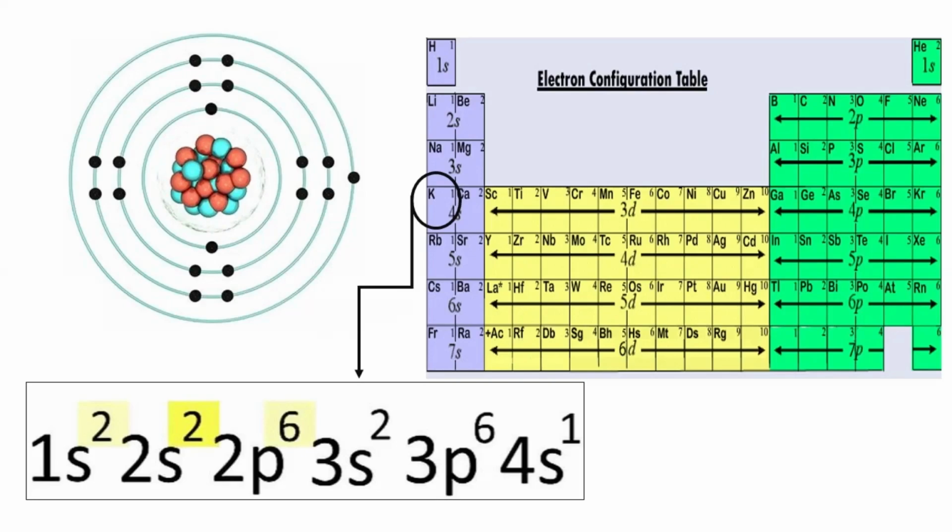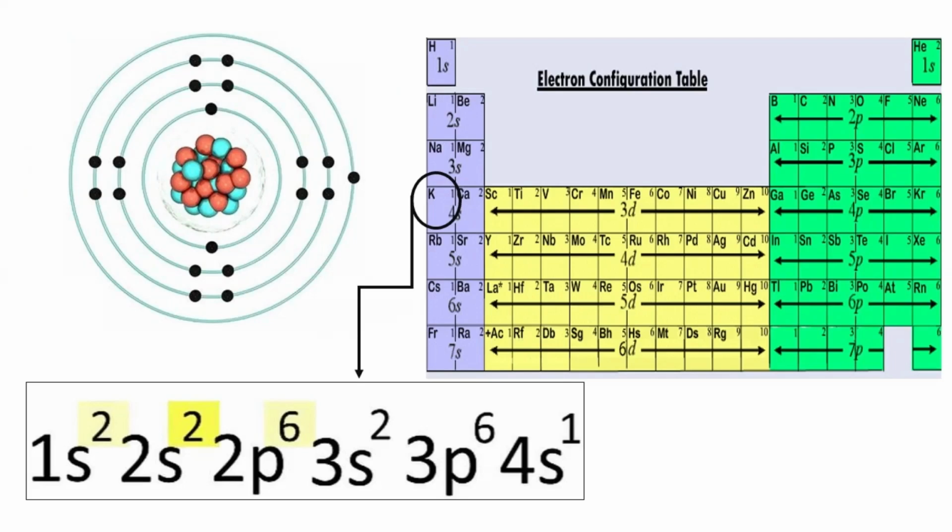When we take potassium, after filling its third energy level P sub-energy level with 6 electrons, the next electron enters the fourth energy level. That means it becomes 4s1. The reason is that 4s has slightly lower energy than the 3d subshell.